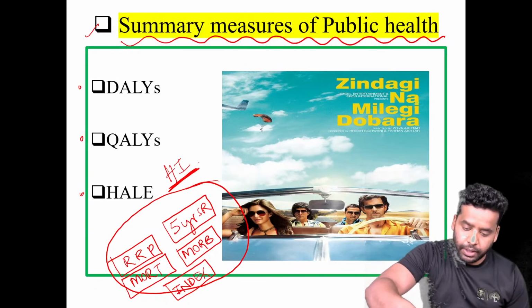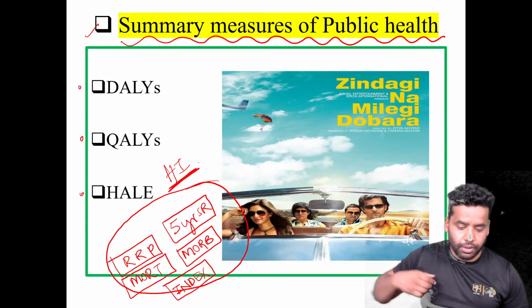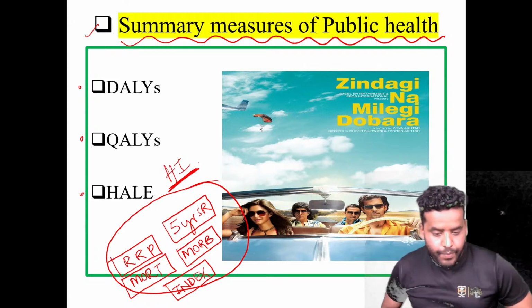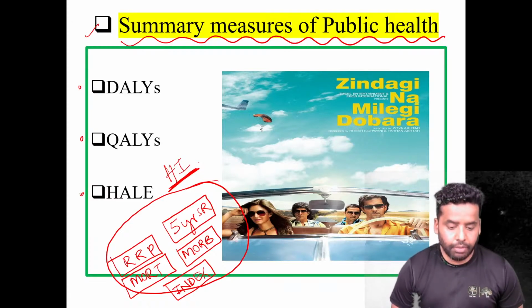Depending on the dropout rate, expected years will be calculated. Mean years means on an average how much they will go. But dropout rate will decide how many years they will go in the future, when they calculate estimated years of schooling.